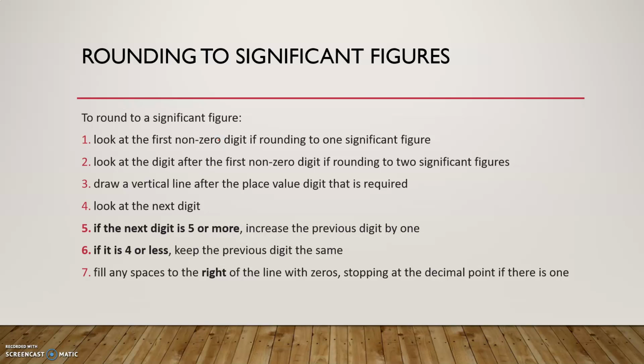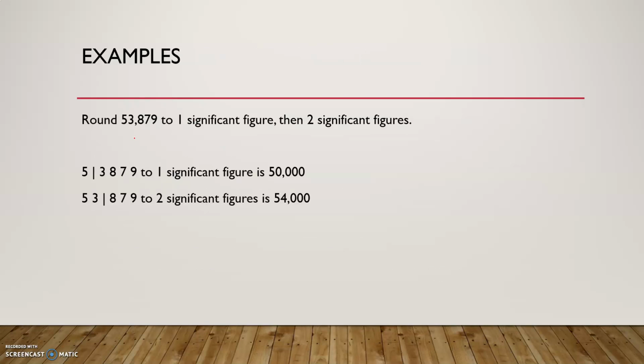Now if we look at an example, here it says 53,879 to one significant figure. Then we have to do two significant figures. So what we have to do is look at the first non-zero figure. The question is one significant figure, so it is this number.